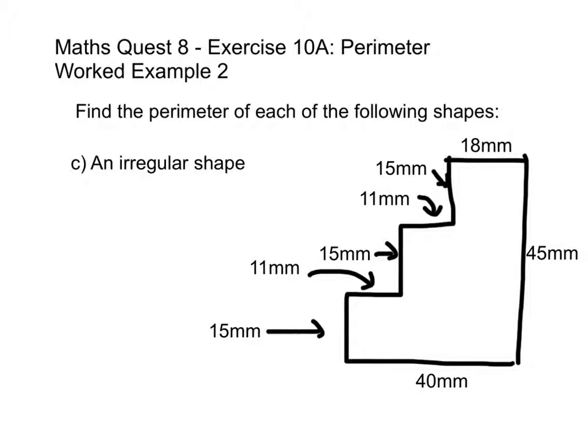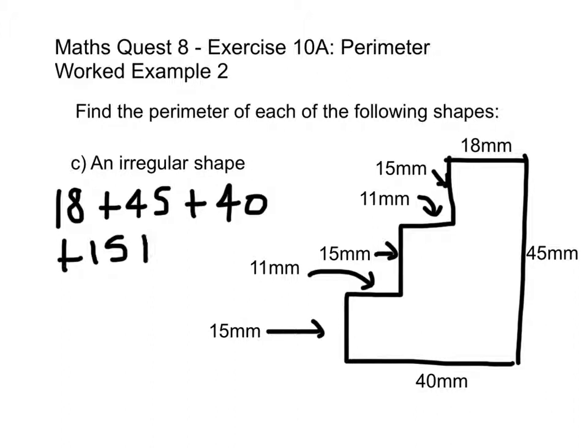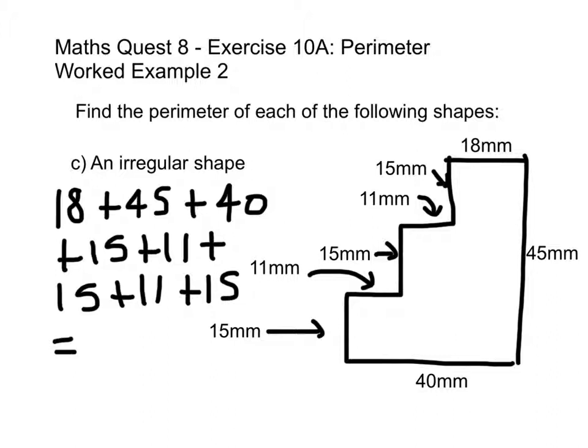So we'd have 18 plus 45 plus 40 plus 15 plus 11 plus 15 plus 11 plus 15. And so the answer we'd get for the perimeter of this irregular shape is 170 millimeters.